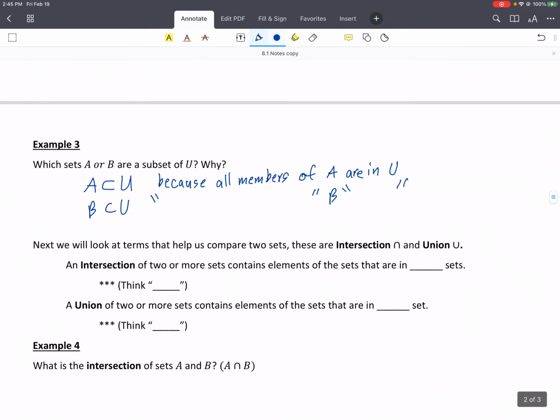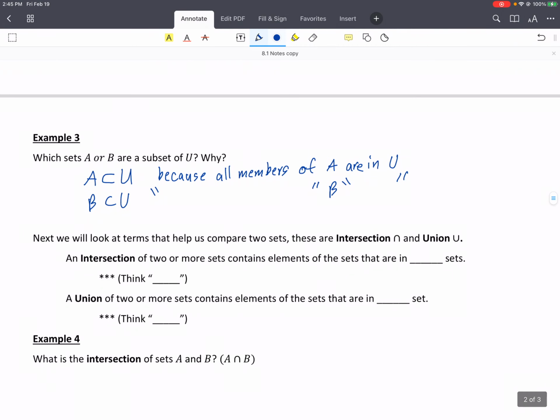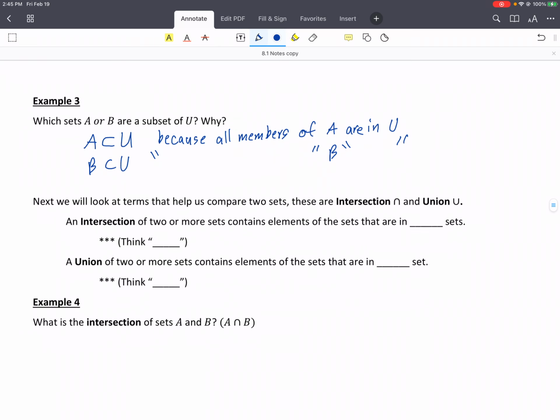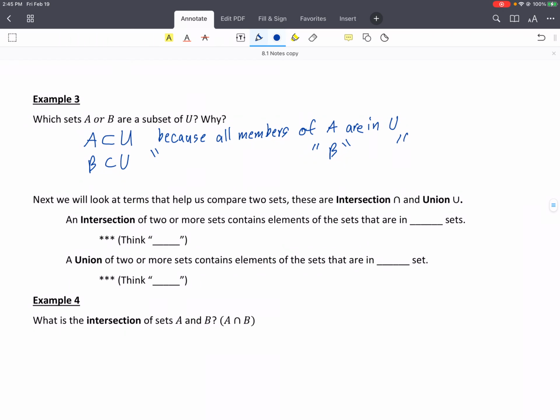Now we want to look at, to compare two sets, the intersection, which is an upside down U, and the union, which is just a normal looking U. So the intersection of two or more sets contains elements that are in both sets.